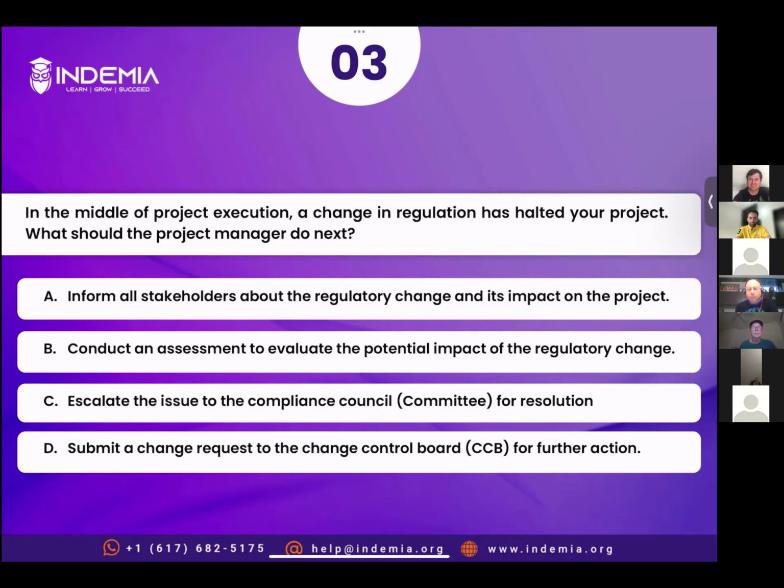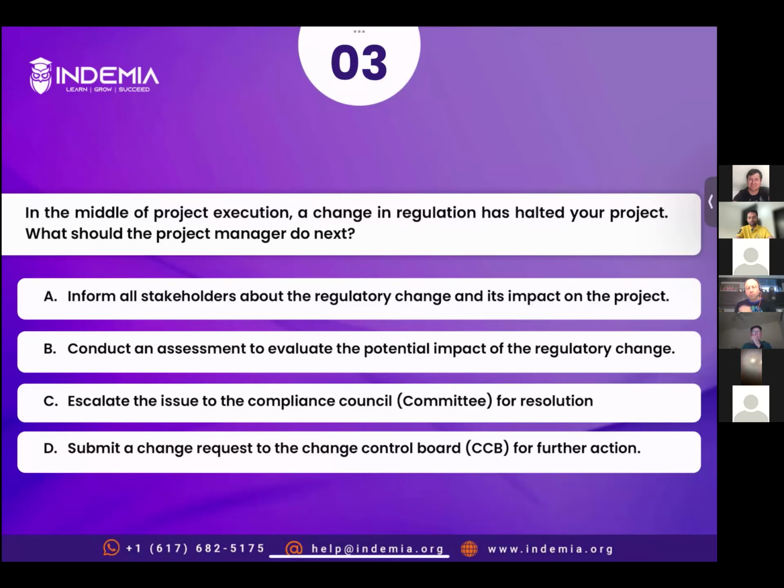So once we document, step number 2 is we apply or implement a workaround. A workaround is a temporary solution, right? That is also not an option. Step number 3 is do a detailed assessment and then come up with the solution. Now, if you read the options, option A: inform all stakeholders about the regulatory change and its impact on the project.